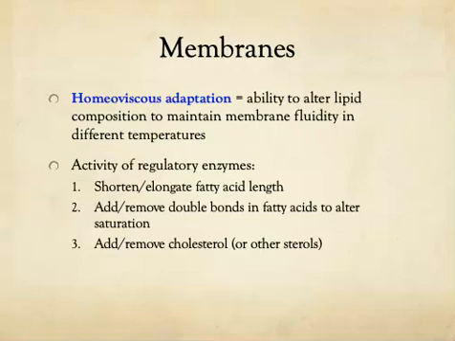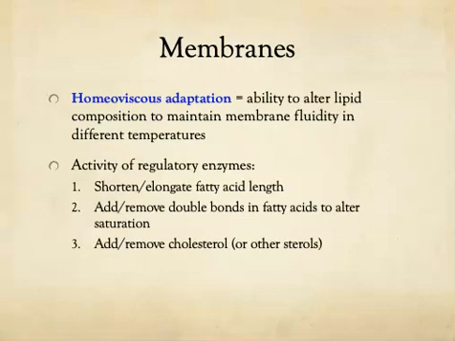This process gets a name. This process is called homeoviscous adaptation. It's the ability for certain cells and certain organisms to alter the composition of the lipids in their membranes in order to maintain the same level of fluidity, the same level of permeability throughout different temperatures.